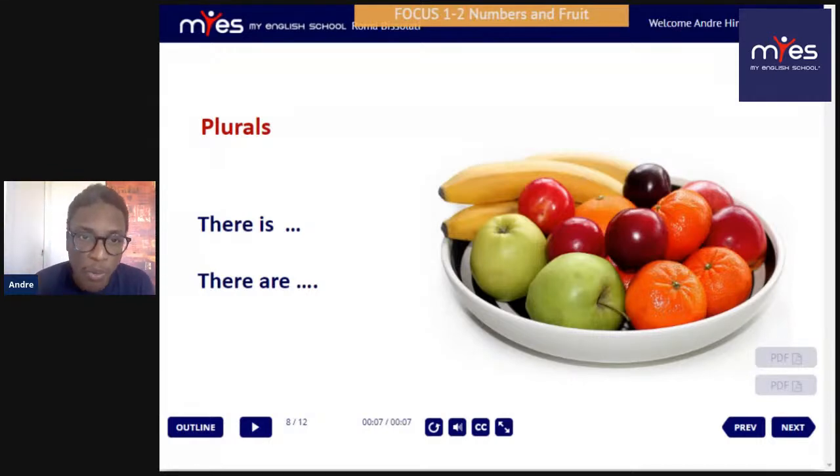There are 1, 2, 3, 4 plums. We have 3 red plums and 1 purple plum. Purple is very dark, kind of blue mixed with red. So there is 1 purple plum and there are 3 red plums.